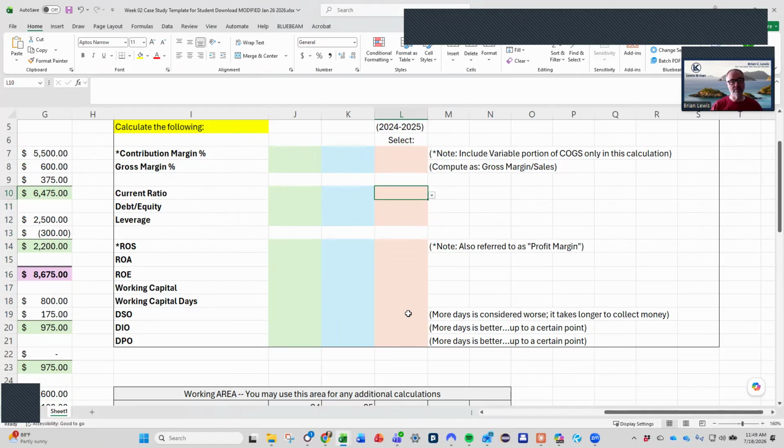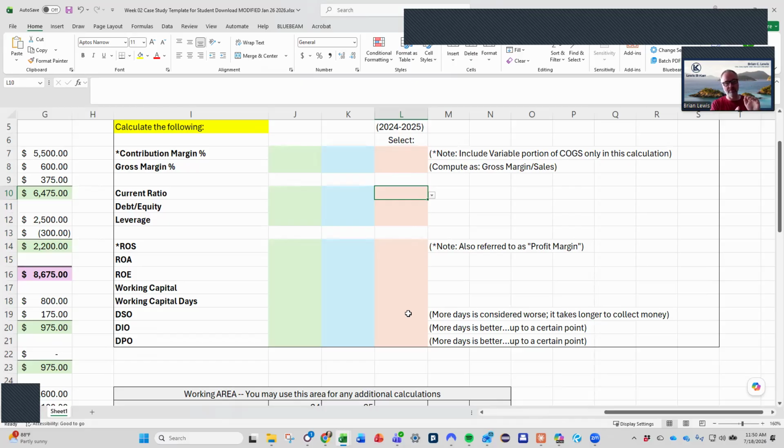And then current ratio, the more assets you have over your liabilities, the better. But not always, because you have a lot of liquid assets, and sometimes like cash, people want to either have that cash distributed or invested in something like an asset or marketing or something like that. So you might find that people have a sweet spot as well for a current ratio.